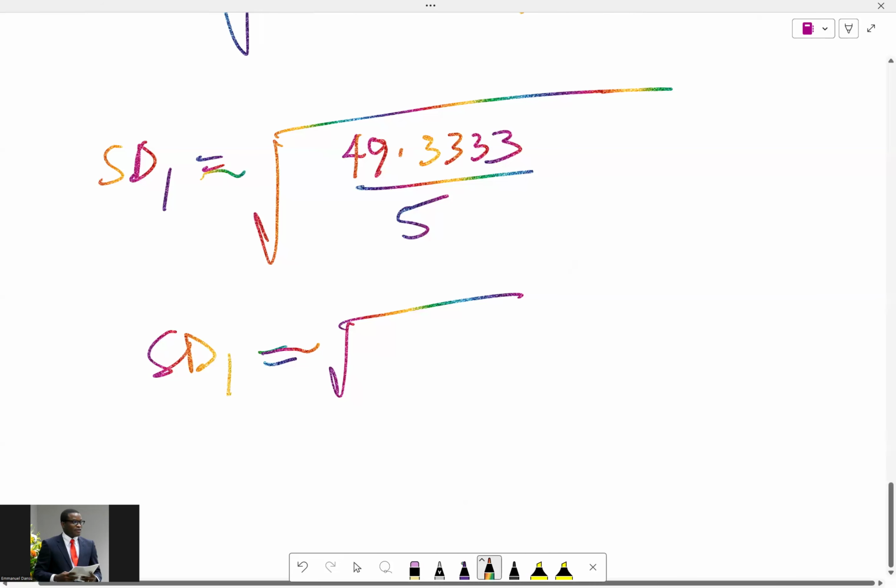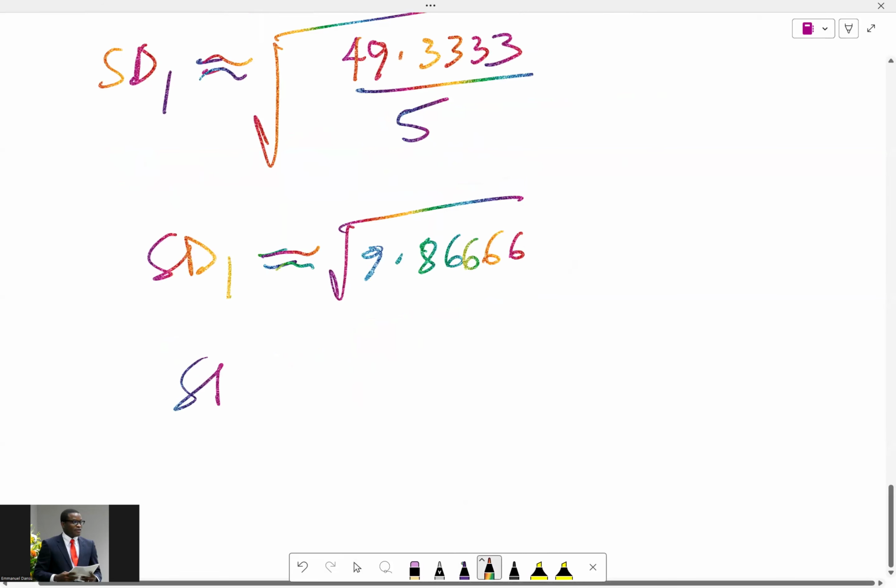In fact, it starts becoming an approximation here. So we have 49.3333 divided by 5 equals 9.86666.